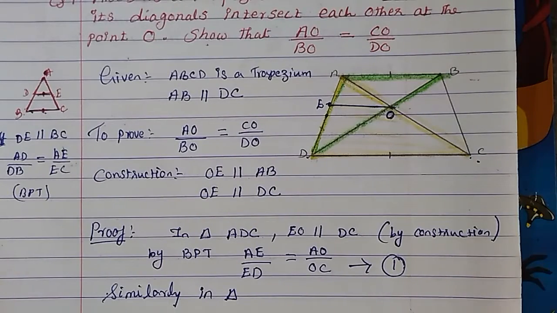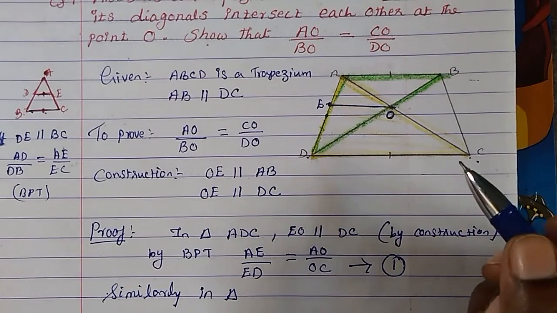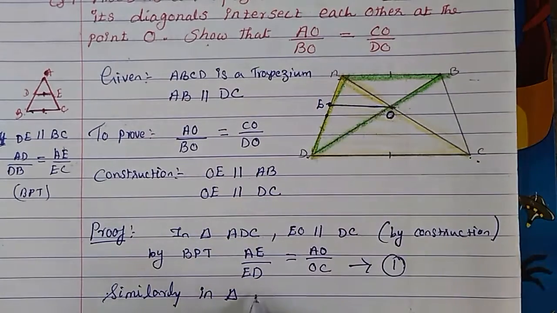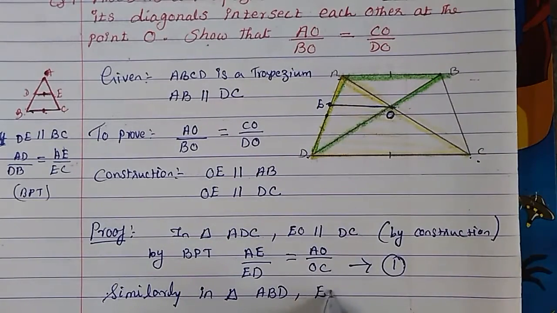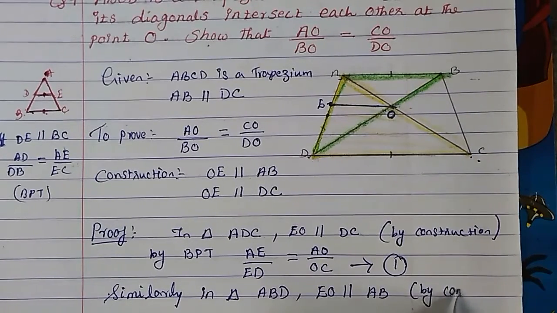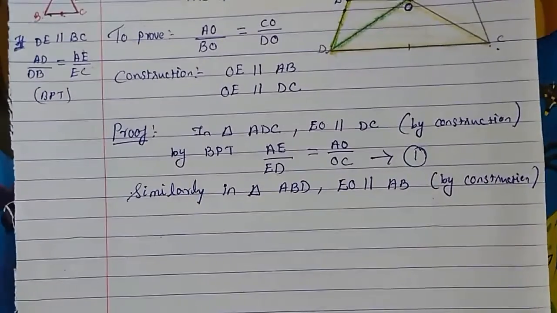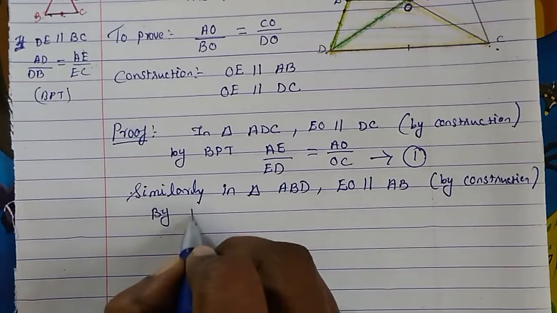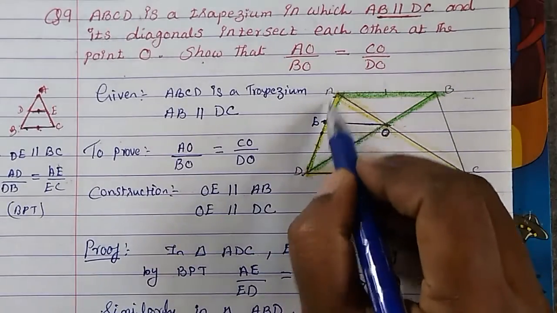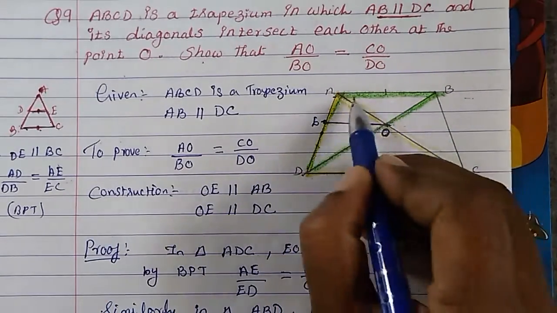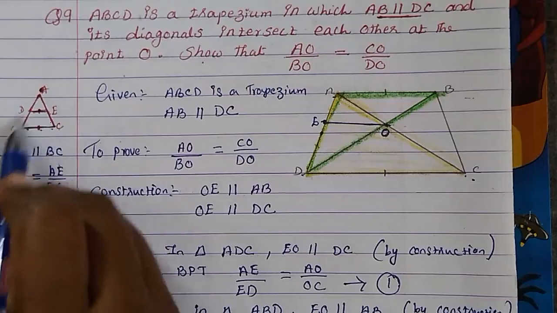So that means in triangle ABD, EO is parallel to AB. This also by construction. If they are parallel, then by BPT theorem we can write the ratio. This is the base and this is the parallel, so the ratio will be this side and this side. The triangle is like this, right? Base, then parallel line, so both the sides will be in ratio.